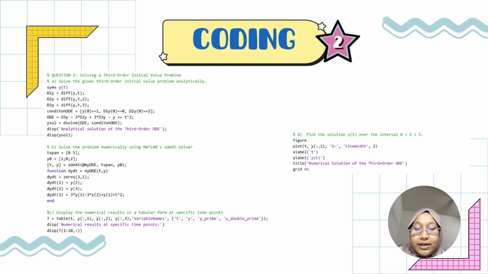Next, we display the solution in table format to show values of y(t), y'(t) and also y''(t) at a specific point. Finally, we plotted y(t) over the interval of 0 to 5, showing the behavior of the solution visually. This combination of symbolic and numerical techniques helps us verify the accuracy and behavior of complex ODE solutions efficiently.